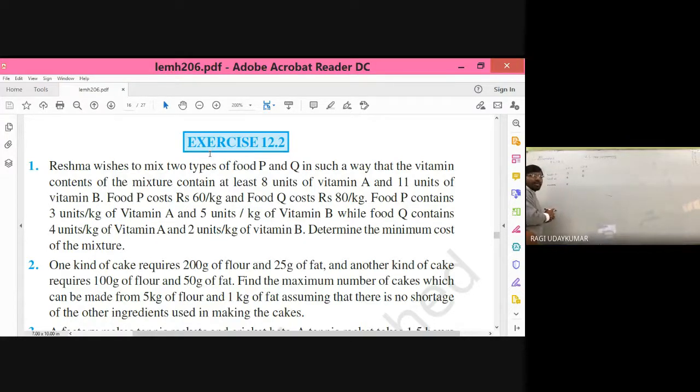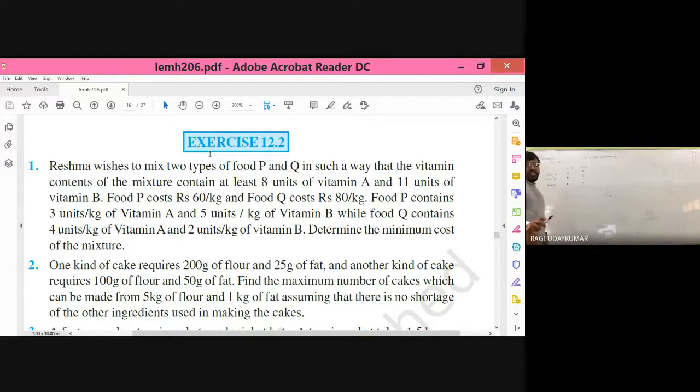At least 8 means, I will explain while framing the question. And 11 units of vitamin B. So the food mixture should contain at least 8 units of vitamin A and 11 units of vitamin B.